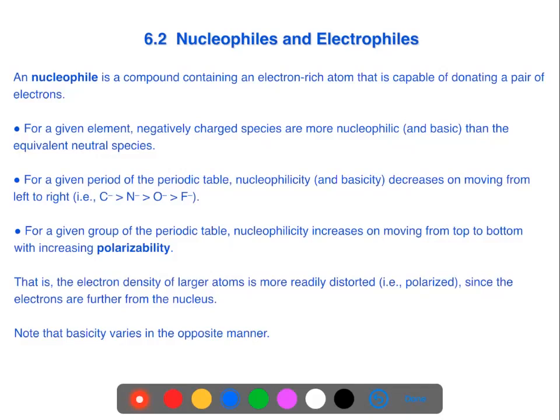As the size of an atom increases, it's better able to take on that additional electron density. But size also has another important effect for improving nucleophilicity, and that's polarizability. So polarizability becomes an important feature for a nucleophile.